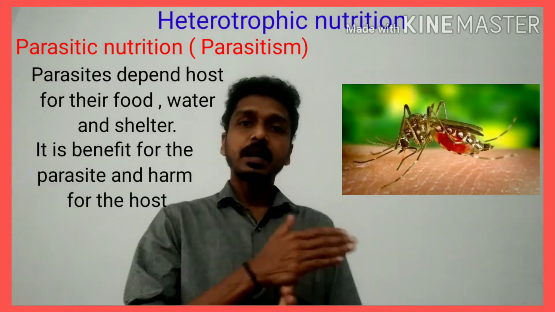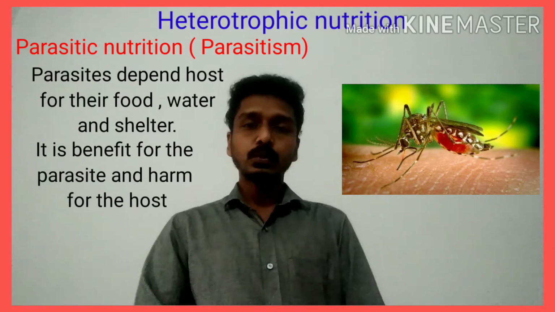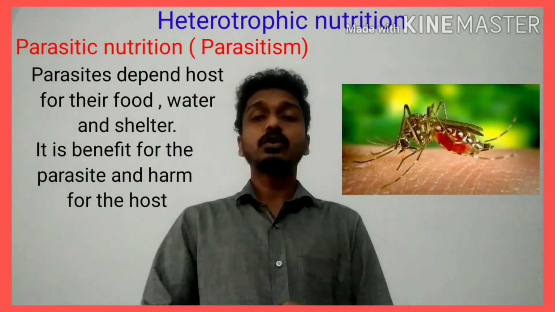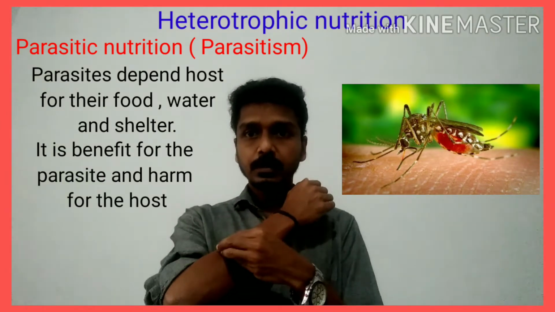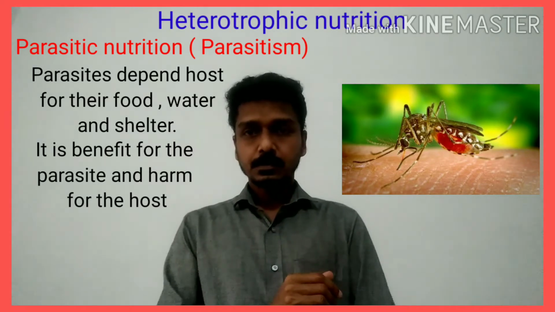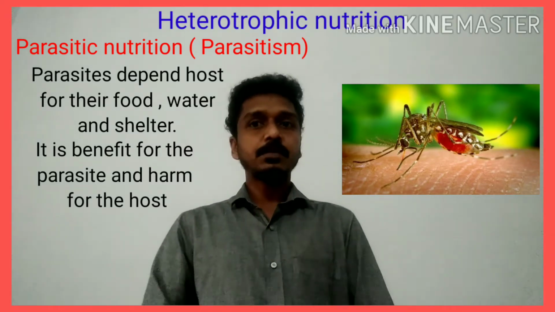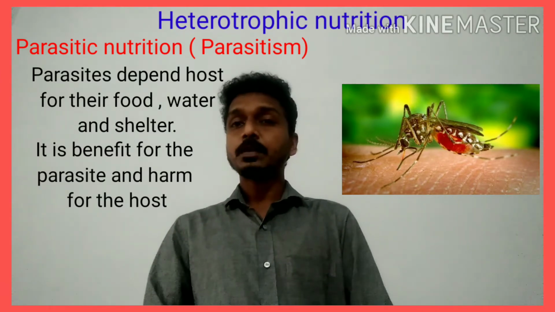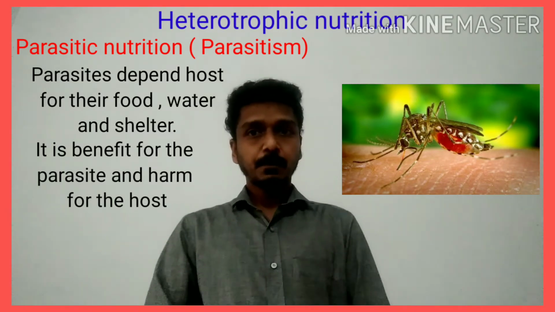I will show you another example. You know the mosquito, right? Mosquito is a parasite. Mosquito always sucks blood from us. We are the host. In this relationship, the mosquito is benefited, but because of the biting of mosquito, we will have diseases.